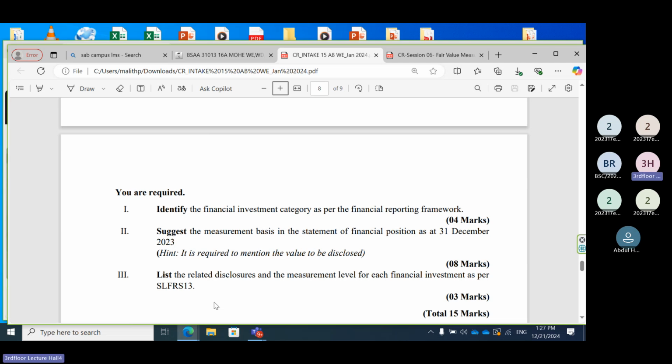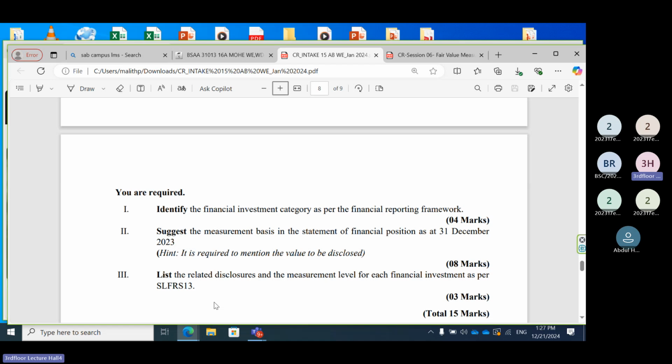And then suggest measurement basis in statement of financial position as of this date. It's required to mention the value to be disclosed. Accordingly, for this you use fair value, right? For that we are using observable inputs or unobservable inputs. Accordingly, we need to decide the level as per IFRS 13.